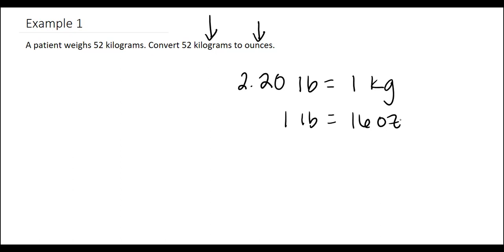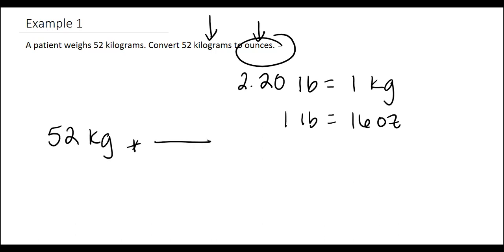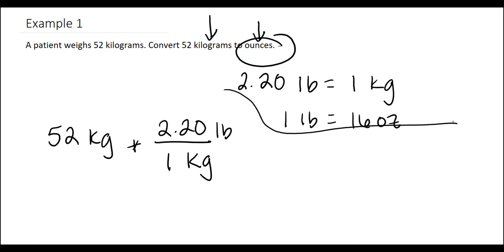And so here's a little bit of a roadmap for us to go from kilograms to ounces. We start with 52 kilograms, and we put that on top. For the first conversion, we're going to have 1 kilogram and 2.20 pounds, because we need to get rid of the kilograms. So we put the kilograms on the bottom and the 2.20 pounds on the top.